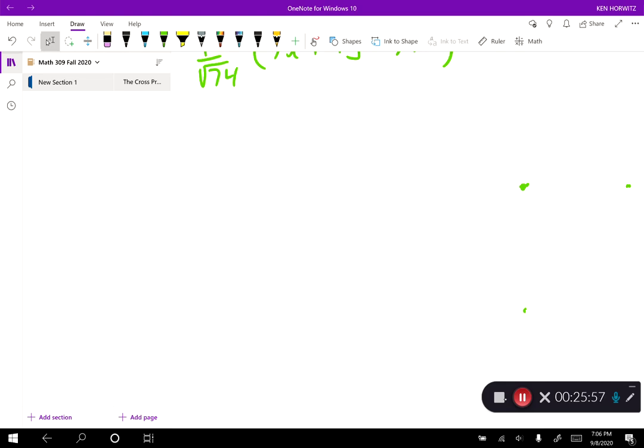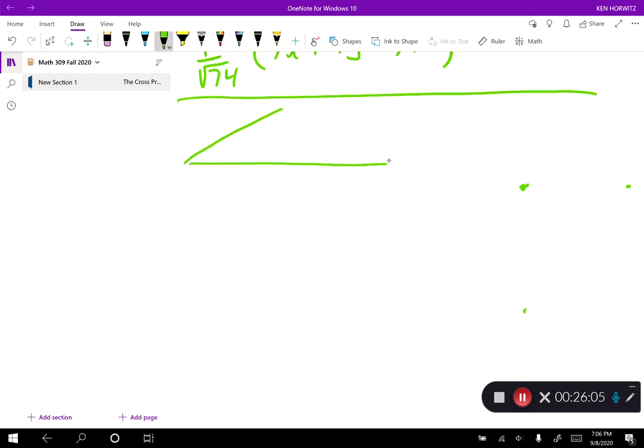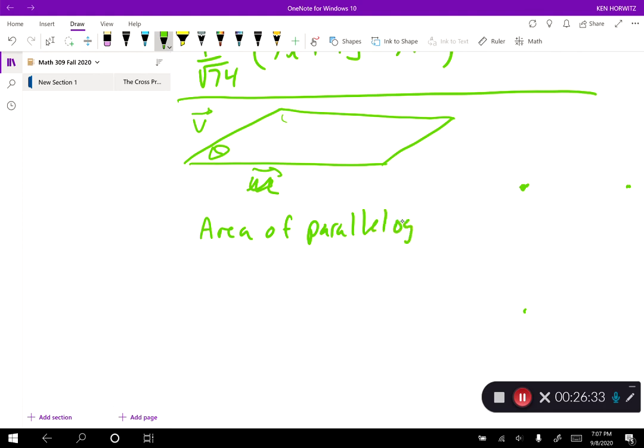If we had a parallelogram where vector v and vector u were adjacent sides, with theta right in the middle, the area of our parallelogram would be equal to the magnitude of u cross v, as long as u and v were vectors of adjacent sides.